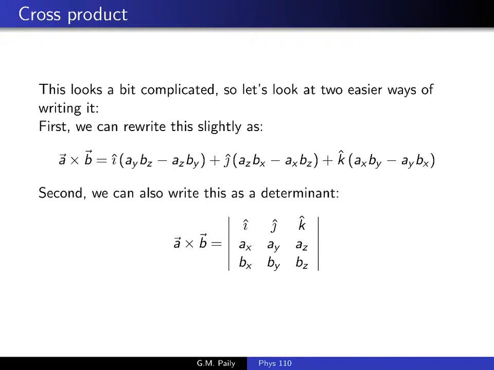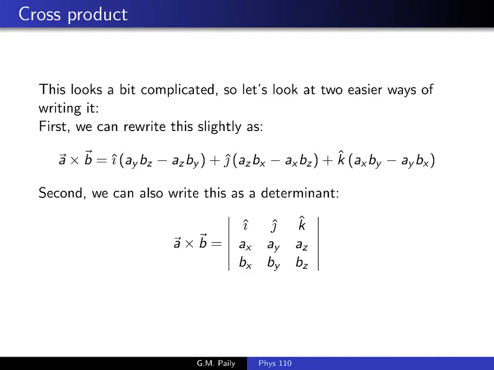If you know how to do a determinant, however, this is a much simpler way to do the cross product. If you are doing the cross product of A and B in that order, so A cross B, you take the determinant of the following matrix. In the first row, you write i hat, j hat, k hat. In the second row, you write the components of the first vector, so ax, ay, az.